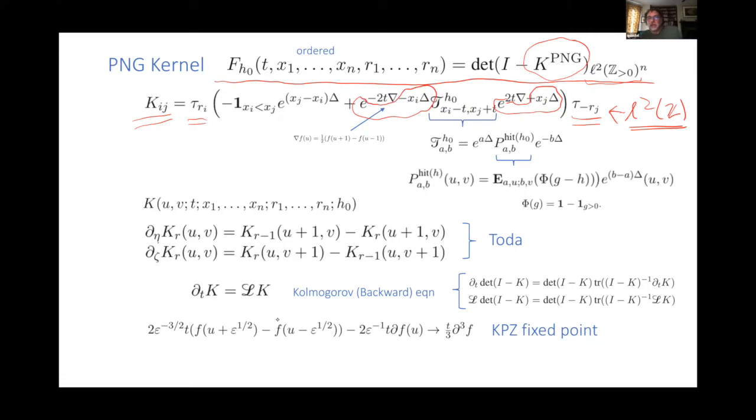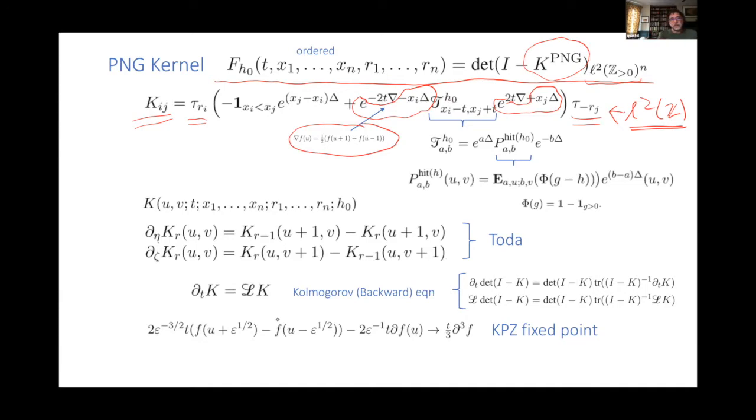So these things all turn out to make perfect sense, and you can conjugate by those on the full L2, but you can't deconjugate once you go to the L2 of Z positive. And that's what makes the non-triviality here. And then in T, it's just a conjugation by e to the t of 2 times the balanced gradient operator. There's the balanced gradient. And the discrete Laplacian is just the standard discrete Laplacian.